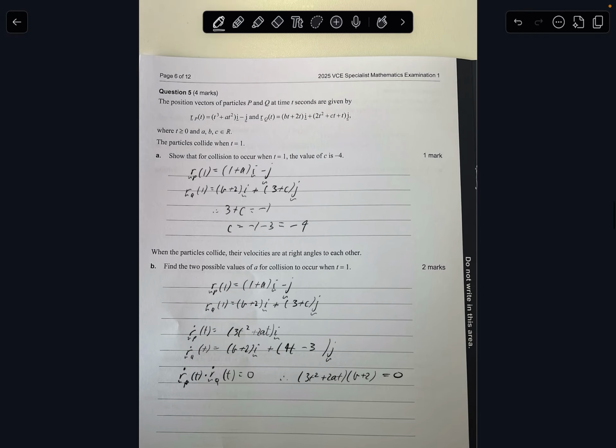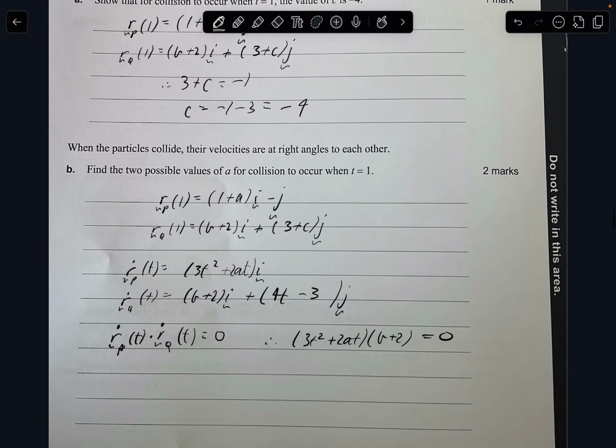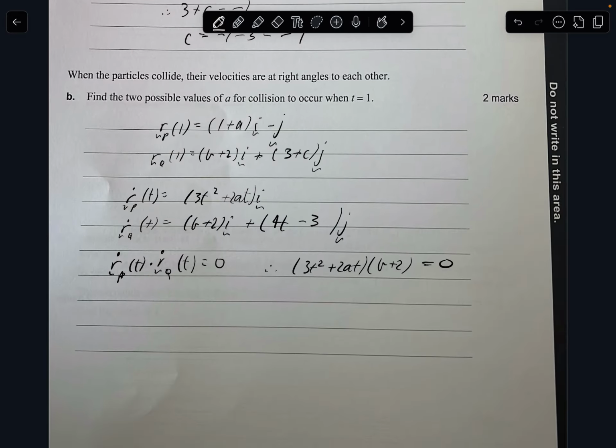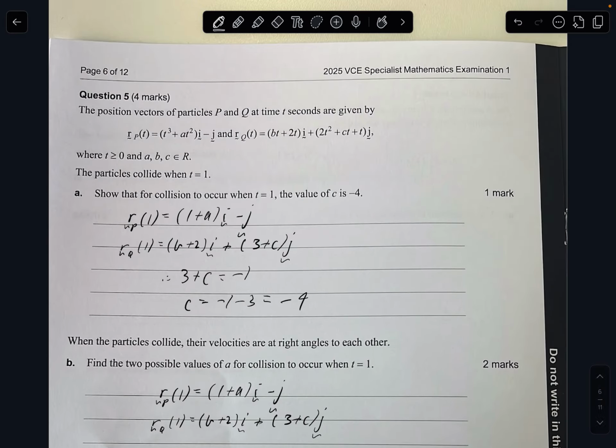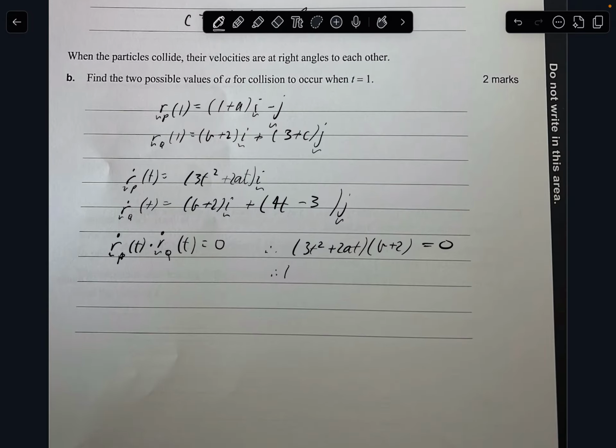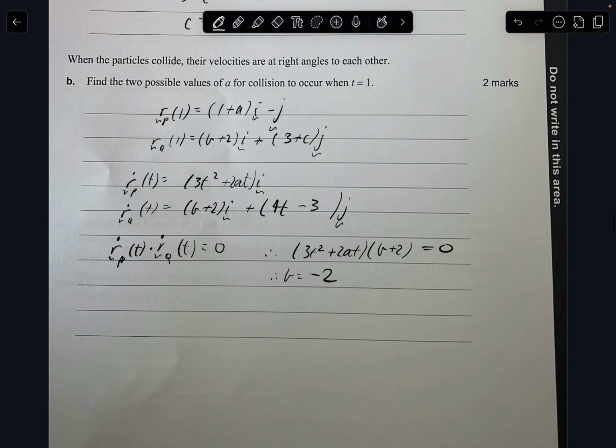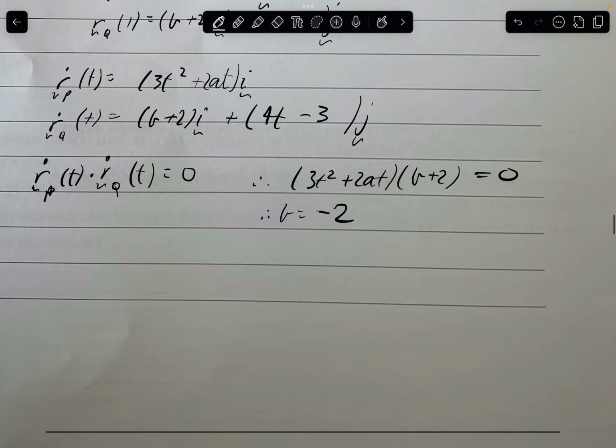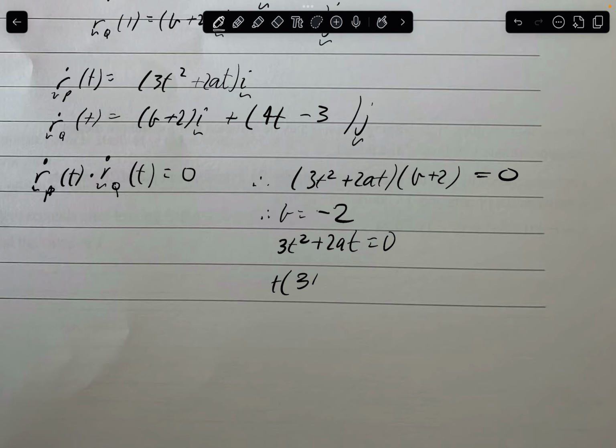Now we know b is b, 0. Can b be 0? So either b is equal to -2, or 3t squared plus 2at equals 0, t, and then 3t plus 2a equals 0.